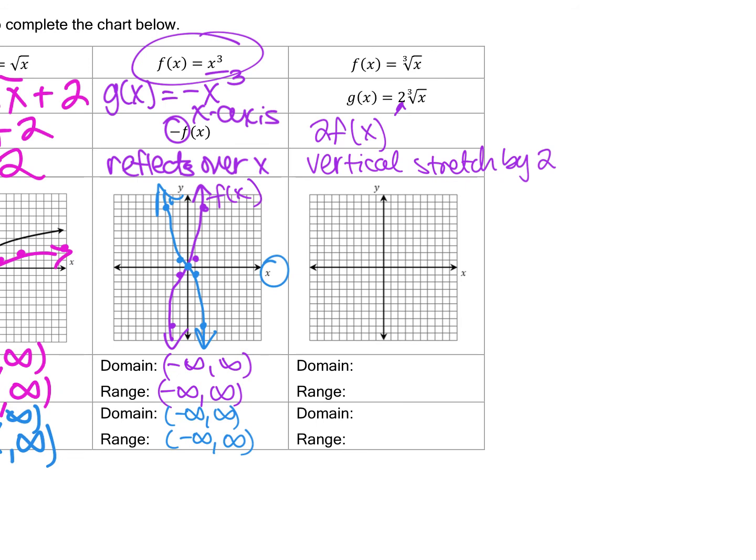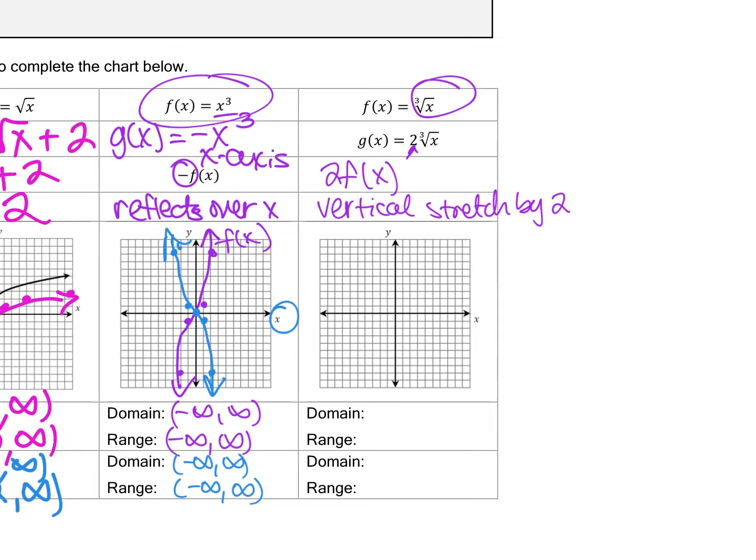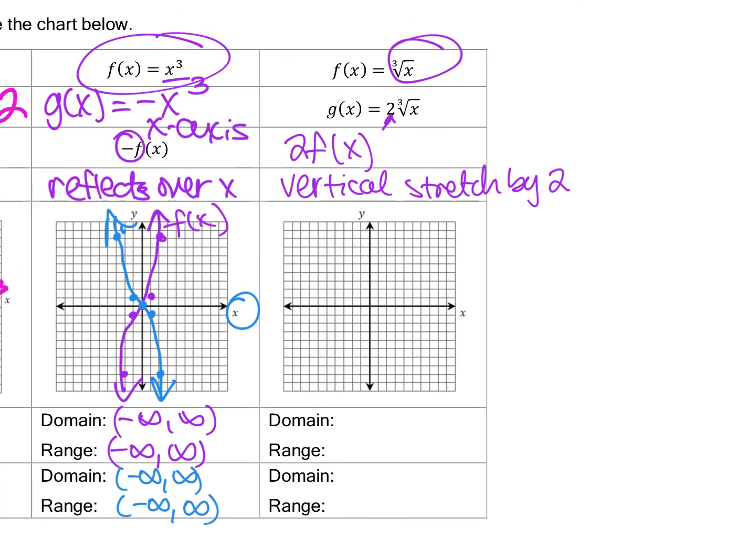So again, it's very helpful if you go ahead and graph your parent function, and then you can graph the new function. So if you remember, we plugged in -8, and we got -2. -1, -1, 0, 0, 1, 1, and 8, 2. So this is what our parent function looks like. We're stretching it by 2. So on the outside, you're always adjusting your y. So we're going to leave our 0, 0 point.